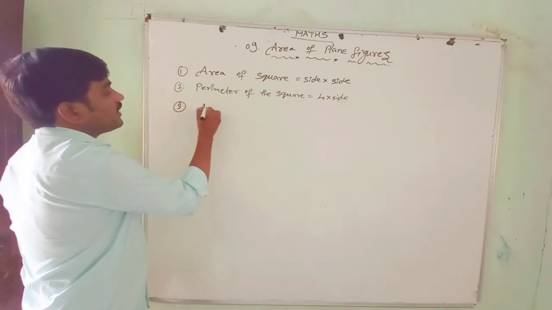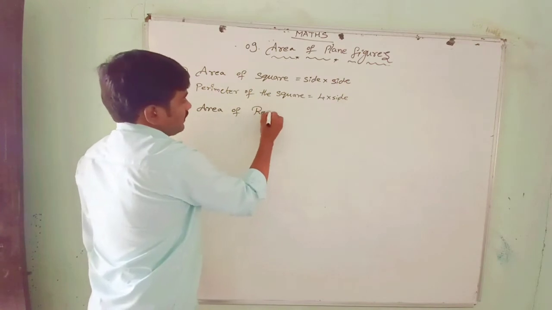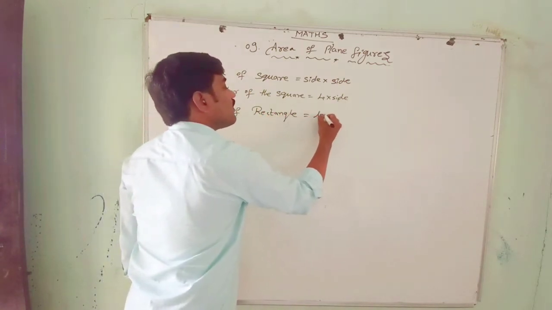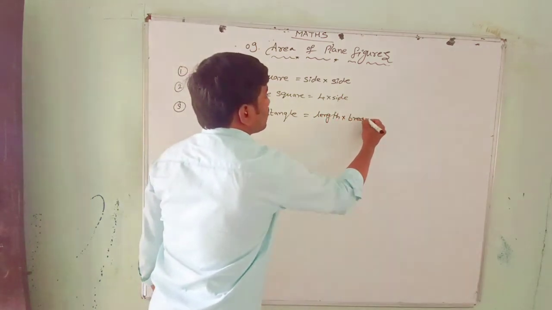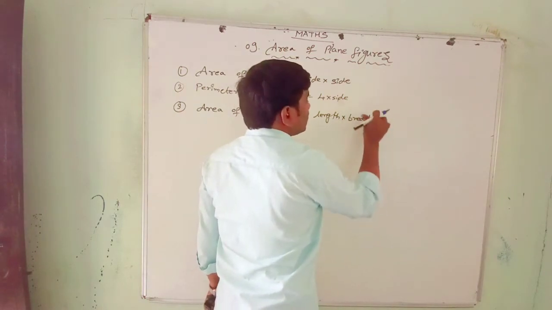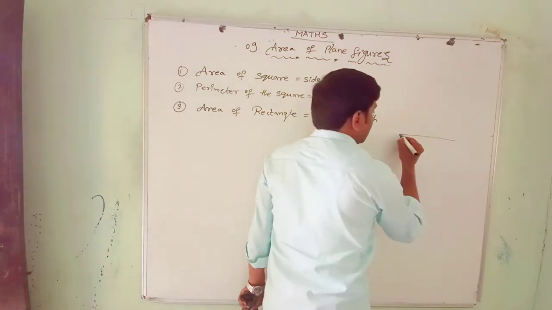Next we go for the area of rectangle. Area of rectangle formula: length into breadth. Suppose let us take one rectangle here.